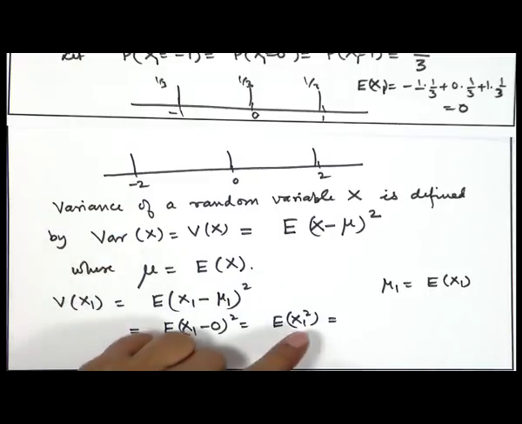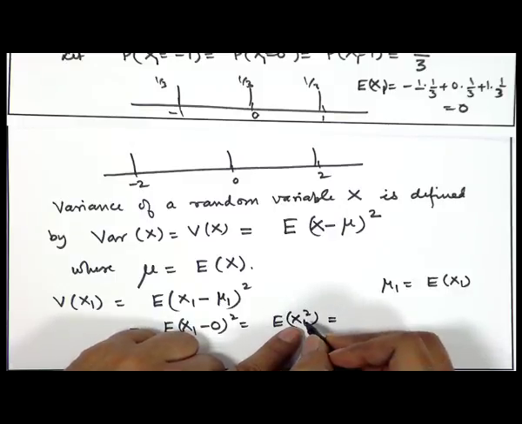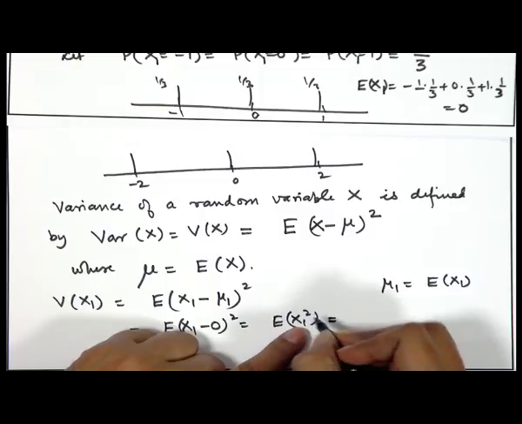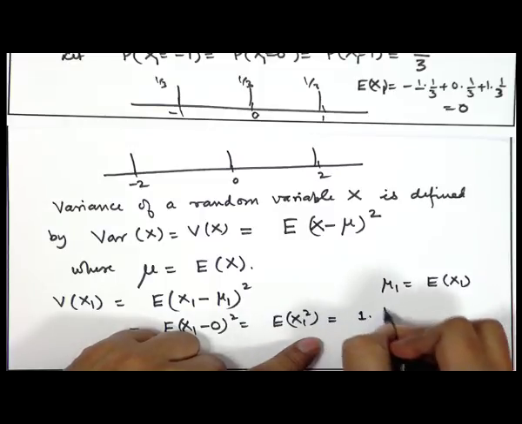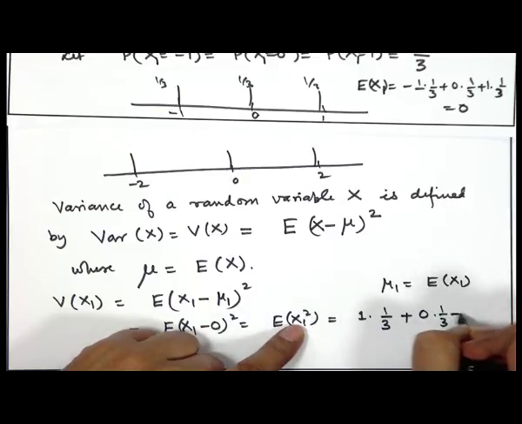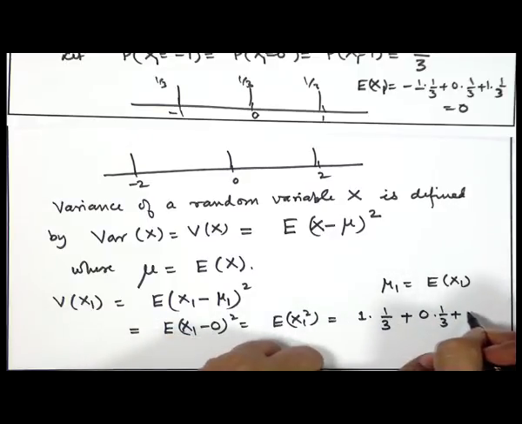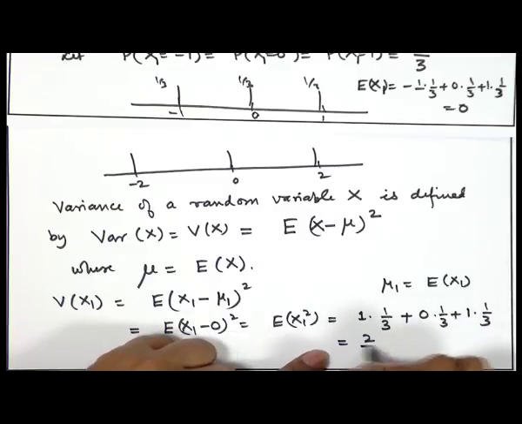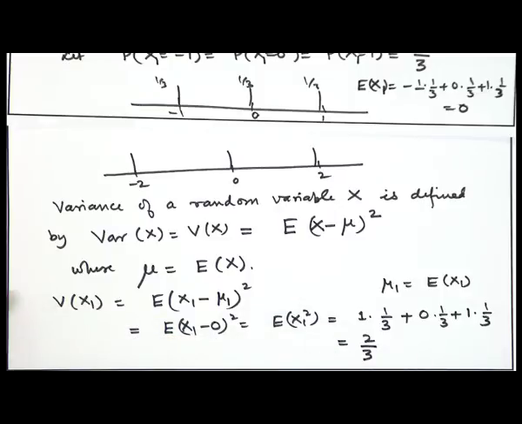I have already introduced the formula for expectation. It is value multiplied by the probability. So, what are the values of x1? Minus 1. So, minus 1 square becomes 1, the probability is 1 by 3, 0, 1 by 3, plus 1. So, 1 square is 1, times 1 by 3. So, this value is equal to 2 by 3, that is the variance of x1.